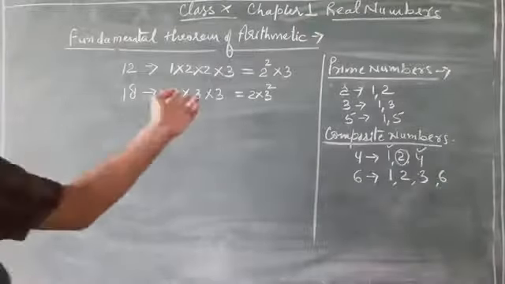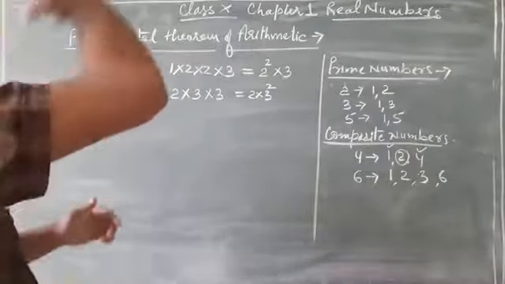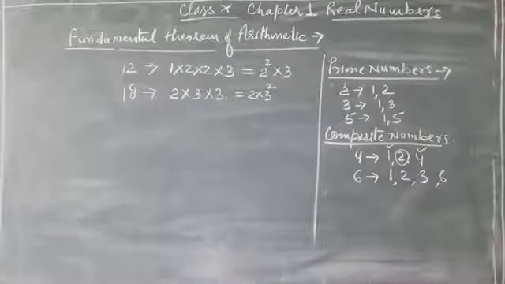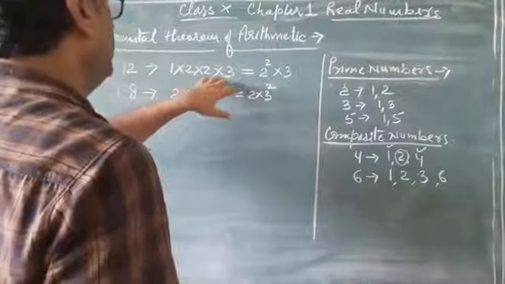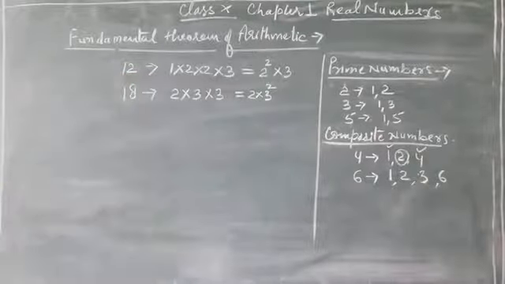And 2 square into 3 cannot express other numbers except 12. This factorization is unique apart from the order in which the prime factors occur, so the order of prime factors doesn't matter.